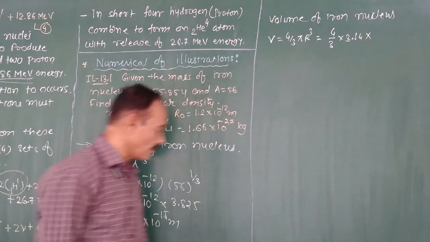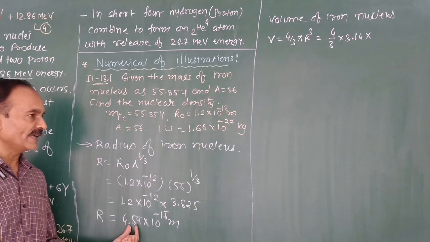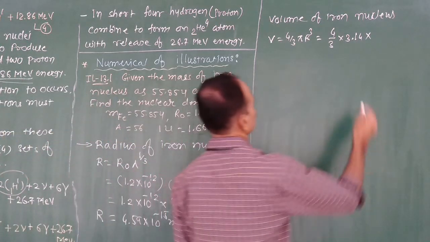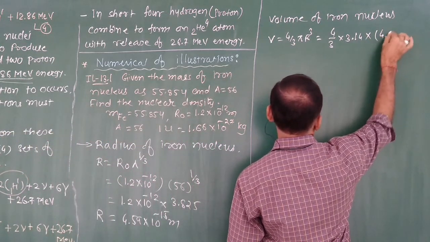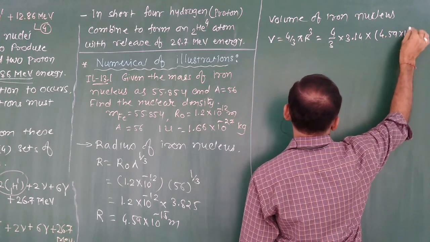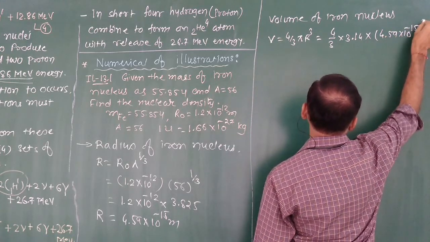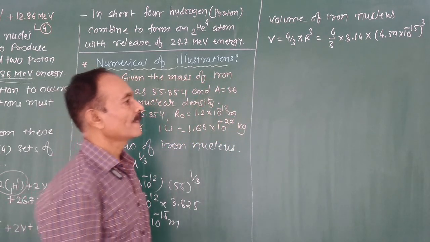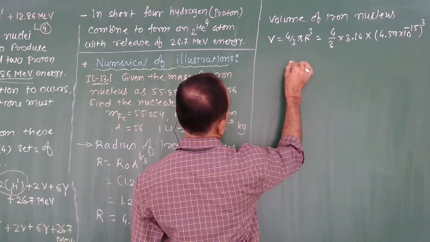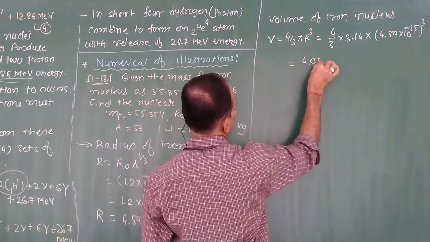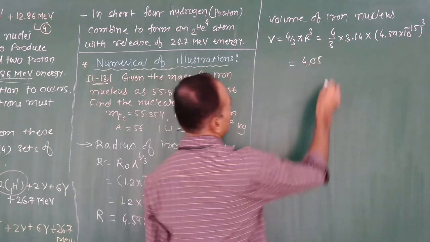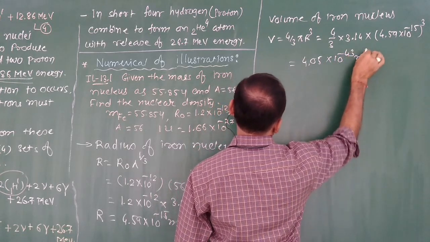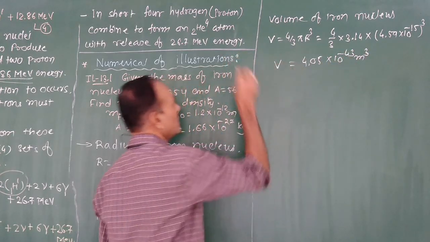Radius already we found, that is 4.59 into 10 raised to minus 15, the whole cubed. Clear? Okay. So as we simplified, we obtain the volume is 4.05 into 10 raised to minus 43 meter cube. That is the volume of iron nucleus.